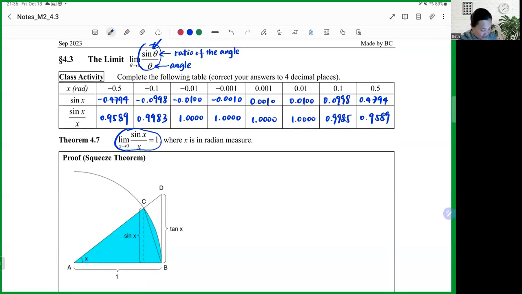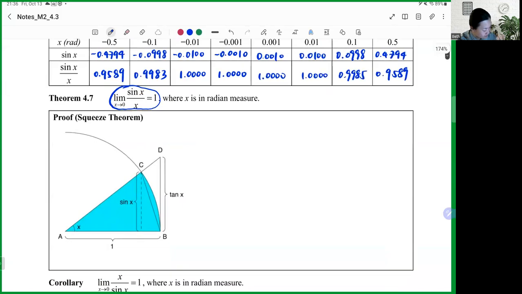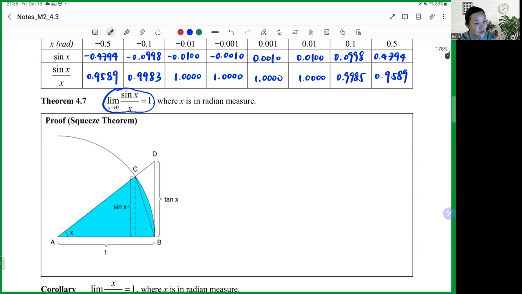In the textbook, in the appendix, you can see the so-called proof of this limit. This is a geometric proof. When I was your age, I also learned this proof. I suppose it's quite interesting to look at.